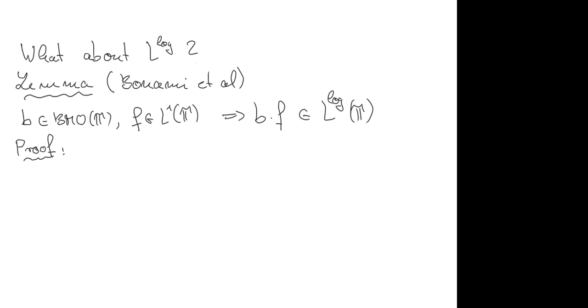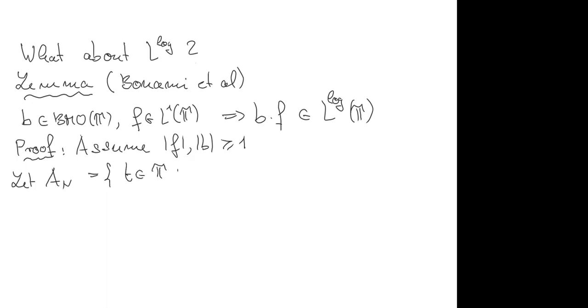So we can assume without loss of generality that the moduli of f and b are both greater or equal to 1, because wherever either of the two is bounded, I have an easy L1 estimate. And now let's just look at the A_n's. Let that be the point where f of t has approximately modulus 2 to the n.